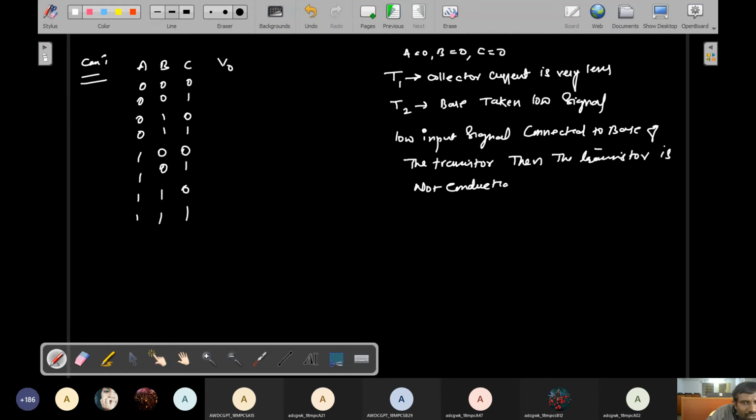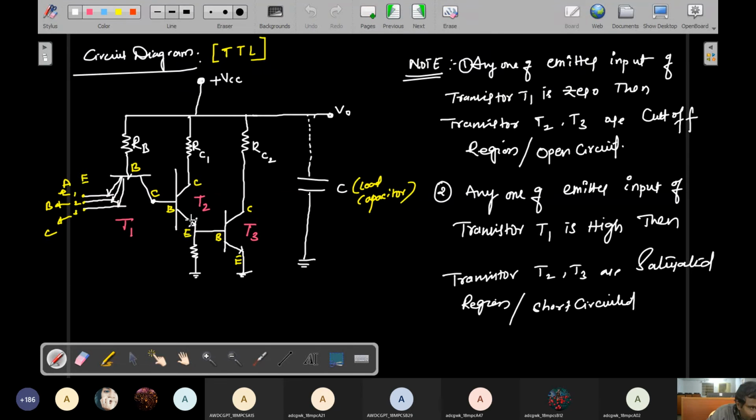Due to this non-conducting situation, the transistor T2 is in the cutoff region, meaning an off state. And similarly, the collector current of transistor 1 is simply connected to transistor 2, and this current is again connected to T3. So therefore T2 and T3 are both in the cutoff region.